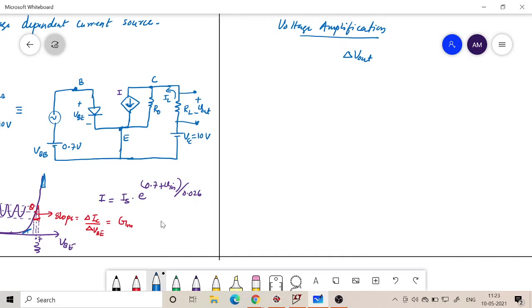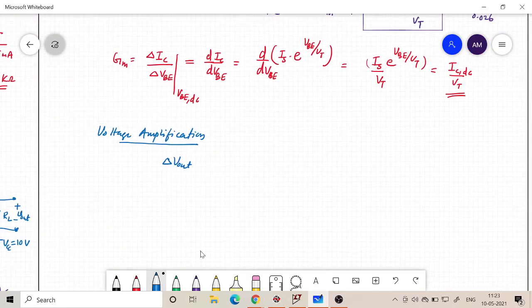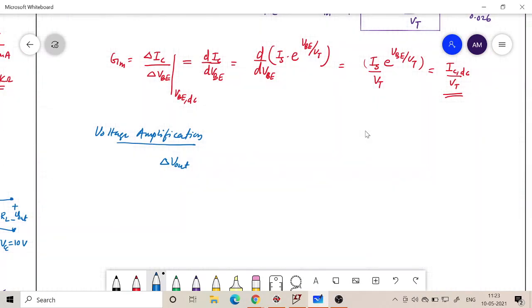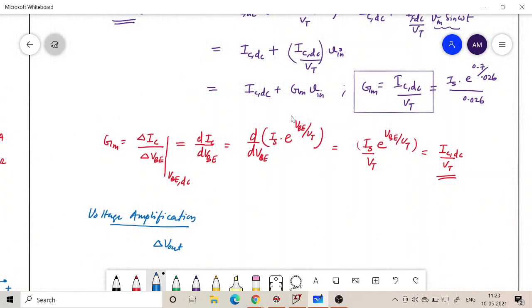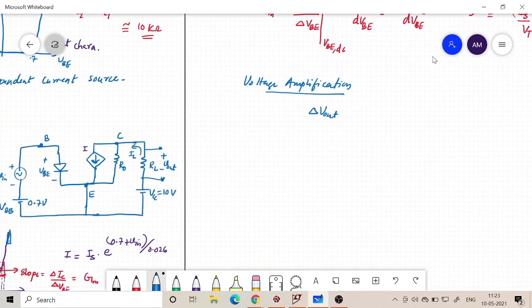That's not interesting, but when we put in some Vin, then VB will vary with respect to time because of this small AC input, and then this I will also vary. I already wrote the expression for I. For small variations, there is a condition, we can take it as IC DC plus GM into Vin.